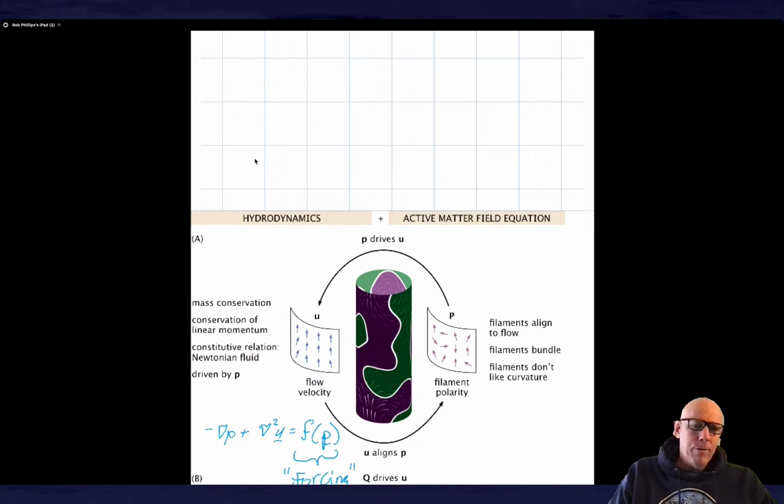That entrains the fluid, and so that drives U. But the U, as you see at the bottom, it actually aligns P. So the P field is moved by U, and so there's this interplay between those two.